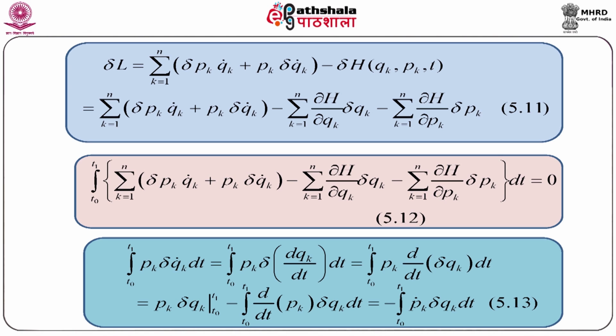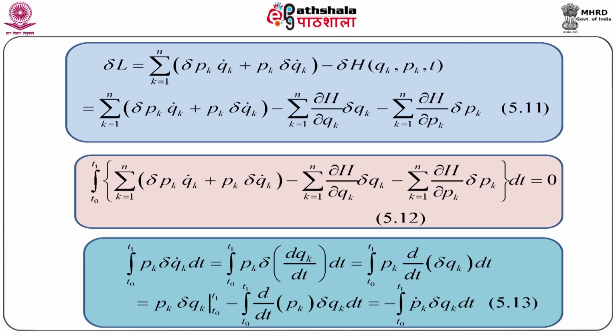This can be written as delta L equal to summation k equal to 1 to n of delta pk qk dot plus pk delta qk dot, minus summation over k of del H del qk delta qk, minus summation k of del H del pk delta pk.